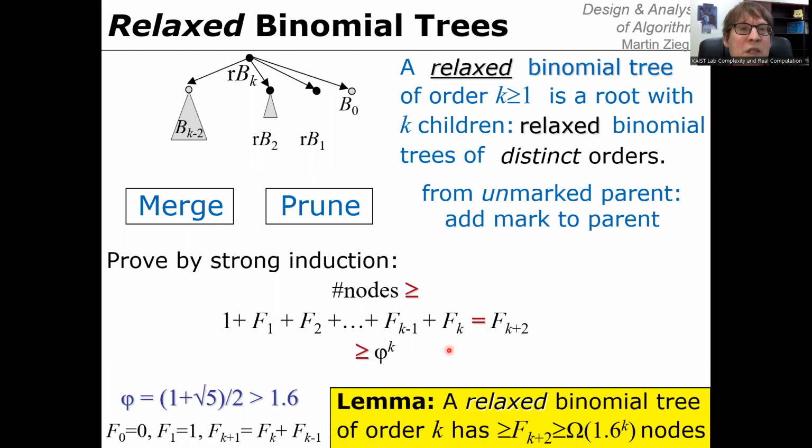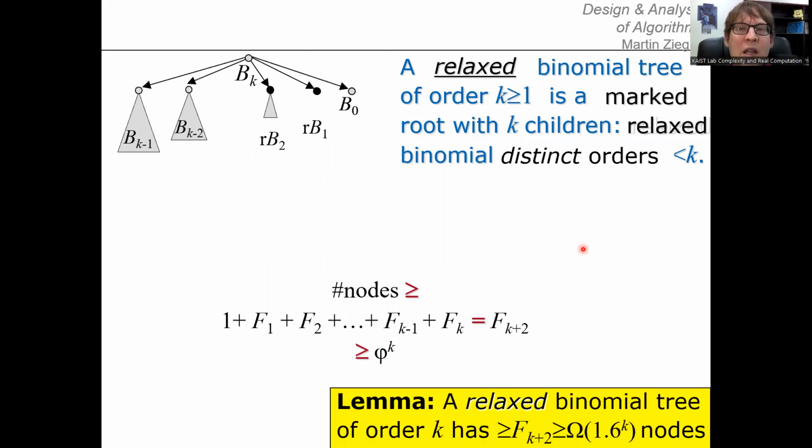But we're only interested in asymptotic growth, so we can drop the constant factor and see that this is still exponential, and therefore conversely, the order is at most logarithmic in the number of nodes, even in a relaxed binomial tree. So that concludes our analysis of relaxed binomial trees, and continuing our analysis of Fibonacci heaps.